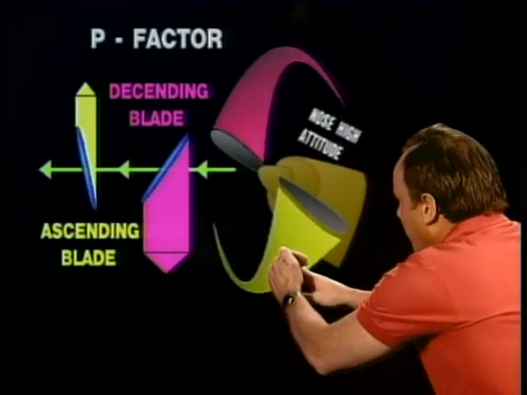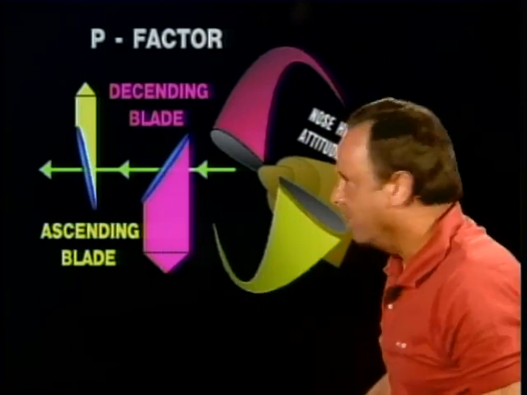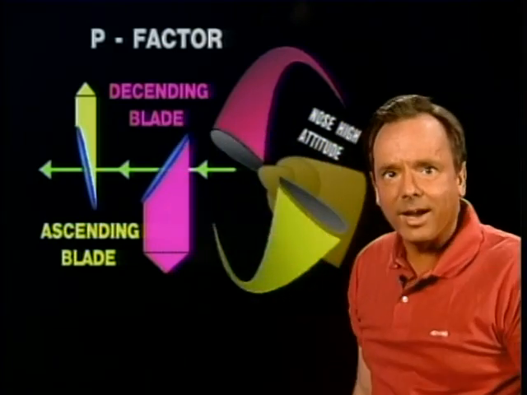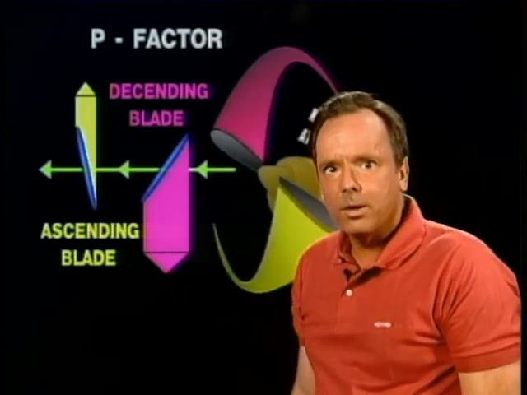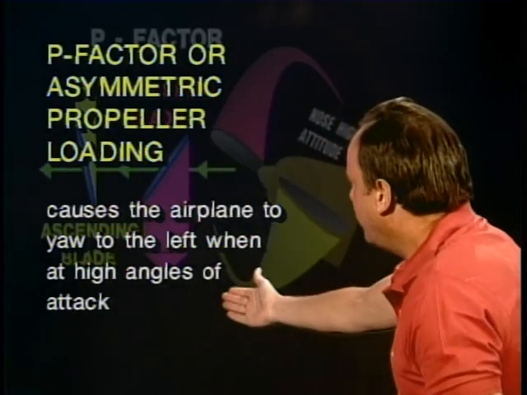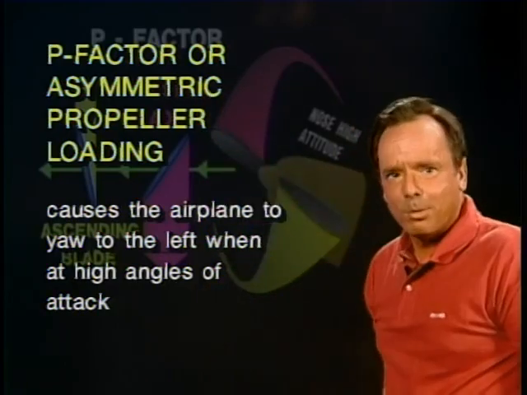The left prop blade, which ascends or goes up, takes a much smaller bite out of that relative wind, and that means the airplane wants to turn to the left, and that is called P-factor, or asymmetric propeller loading. And it causes the airplane to yaw to the left when you're at high angles of attack.